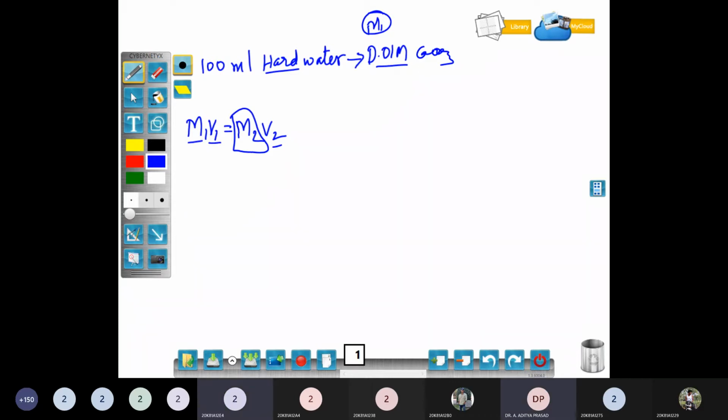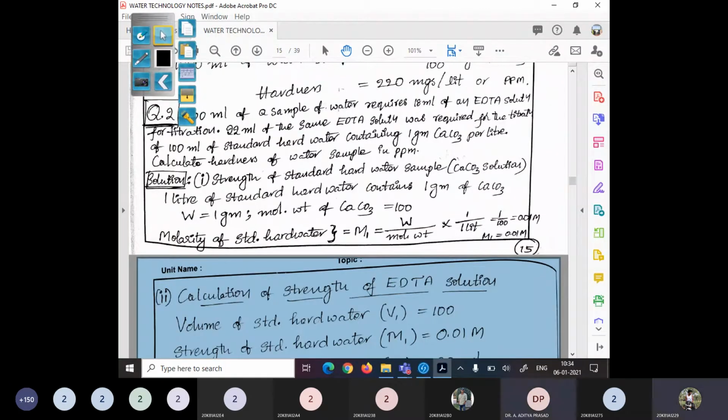V2 is for EDTA. This side we will consider for EDTA, and this side we will consider for hard water. And from where do we get the EDTA values? This 100 ml of standard hard water is linked with 22 ml of EDTA solution required for the titration of 100 ml of standard hard water.